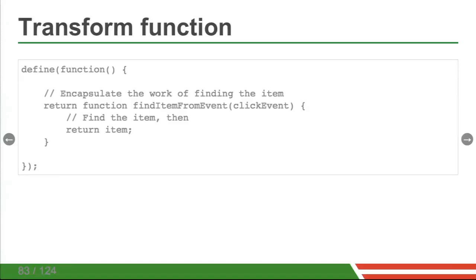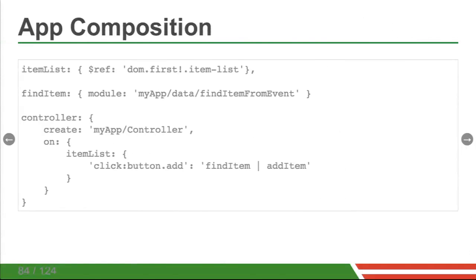We could write some very simple module that's just a function whose responsibility it is to capture the algorithm for finding the data item, the item being added to the cart, given a DOM event. So we can take that algorithm out of the controller, encapsulate it in one spot, unit test it, reuse it across our application. So how do we do that?